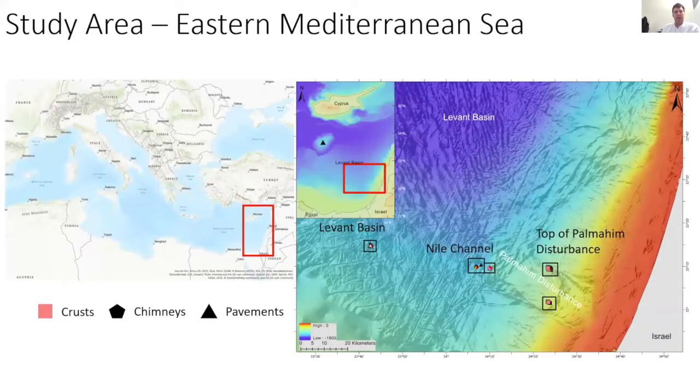The study area is in the southeastern Mediterranean Sea, between Italy, Egypt, and Israel. We are at the shelf of Israel, on top of the Palmachim Disturbance. The second working area was the Nile Channel, and the third was within the Levant Basin in a small pockmark.